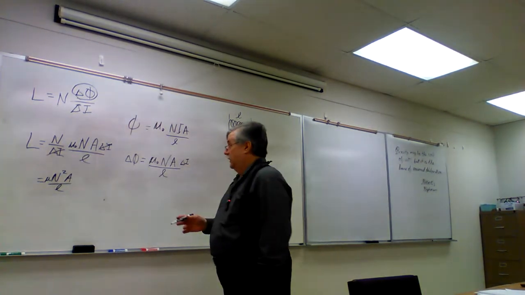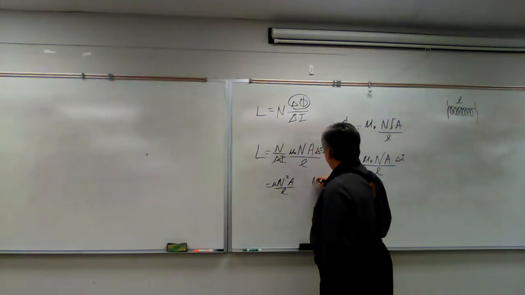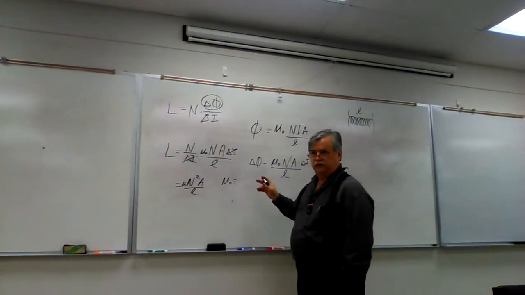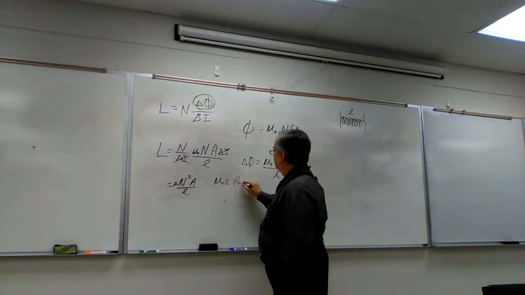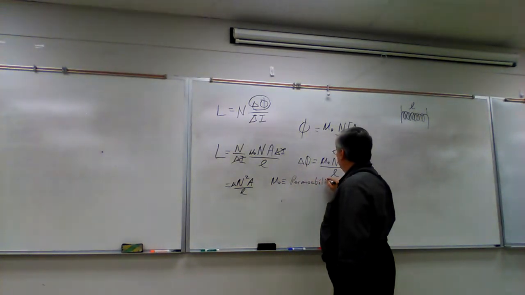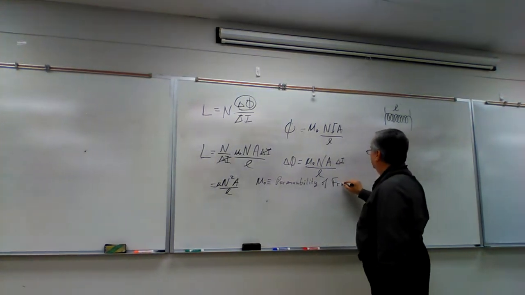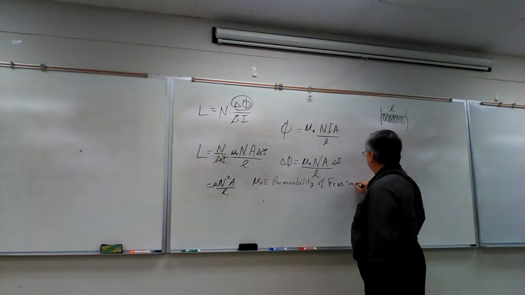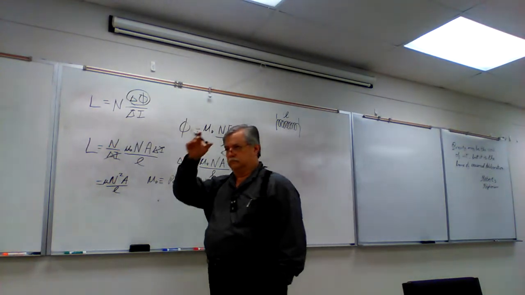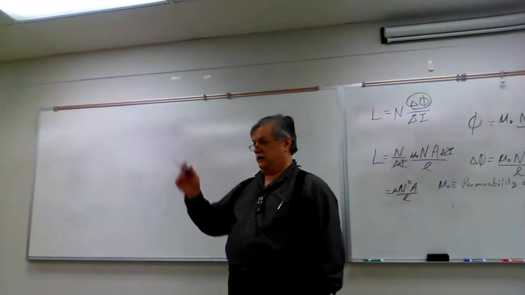Now, of course, in this case, we're using mu sub naught. Somebody remind me, what's mu sub naught? Permeability of free space, exactly. It's on your index card.